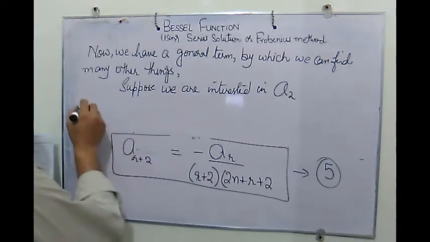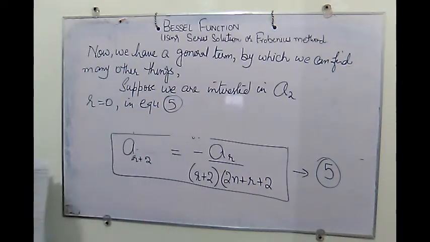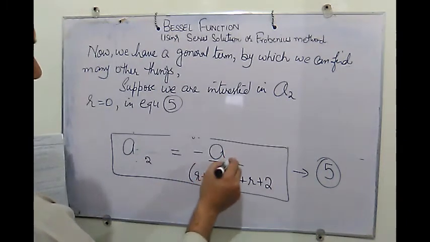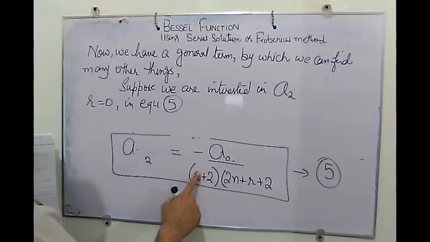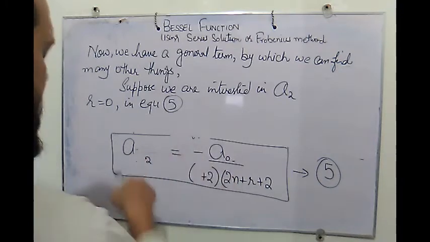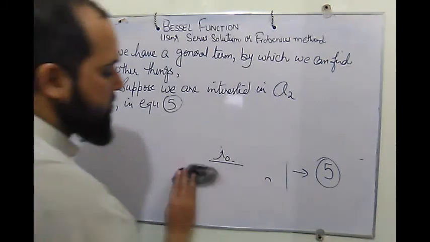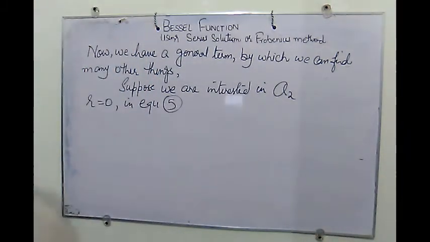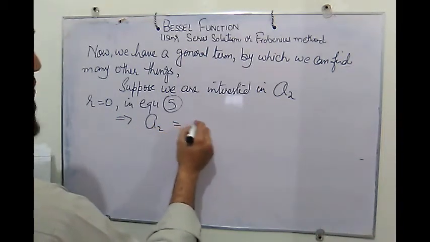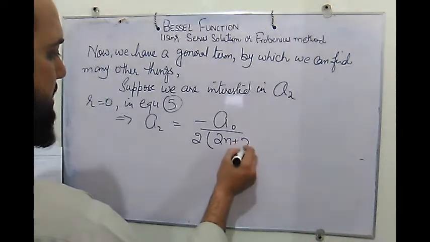So what will we do? We will put r is equal to 0 in equation 5, and we will get a2. So I rewrite it: if we put r is equal to 0 in equation 5, it implies that a2 is equal to minus a0 upon 2 into (2n plus 2).